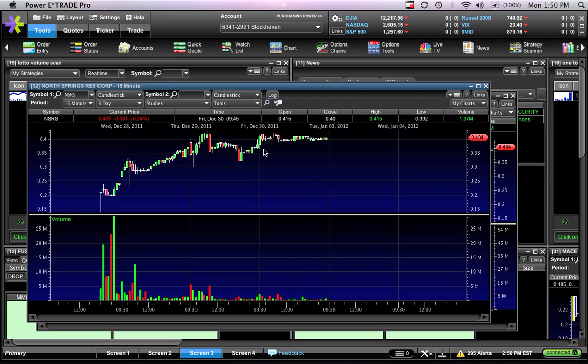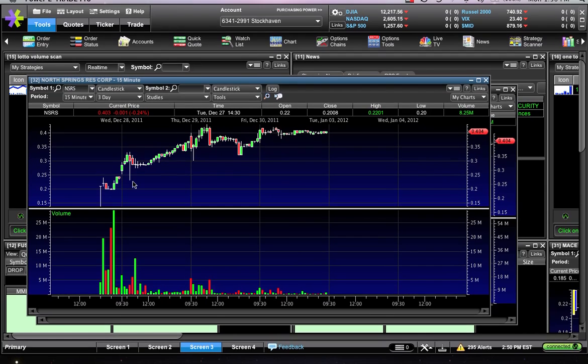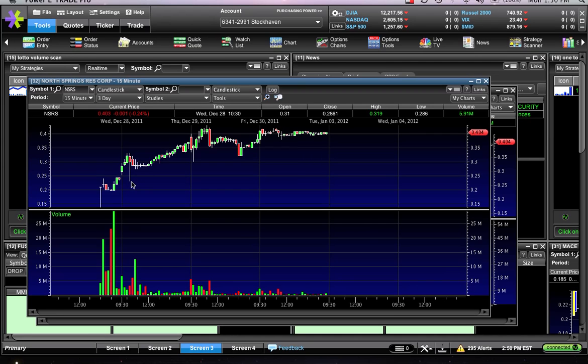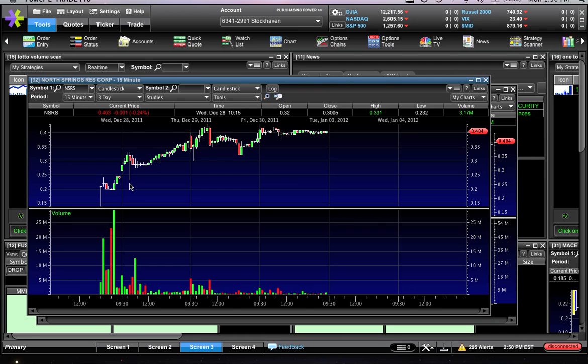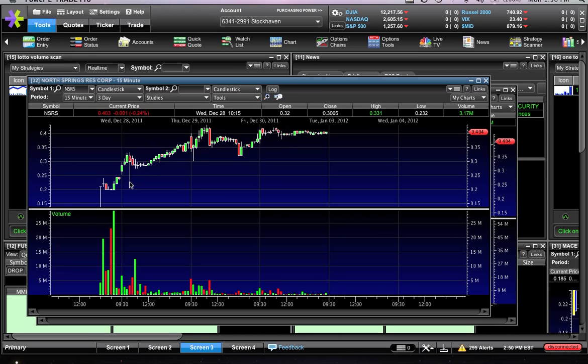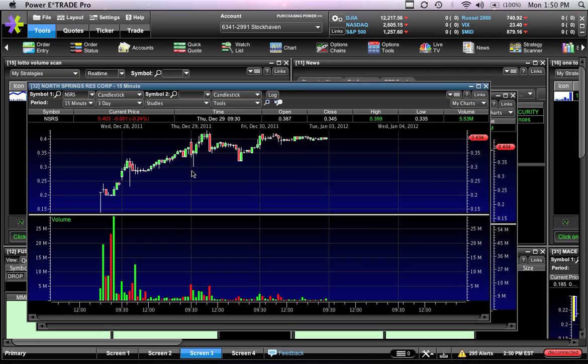Now, we have 4 key higher lows that we've gotten so far. The one here around 23, the one here at 30, the one here at 32, and the one here at 39.